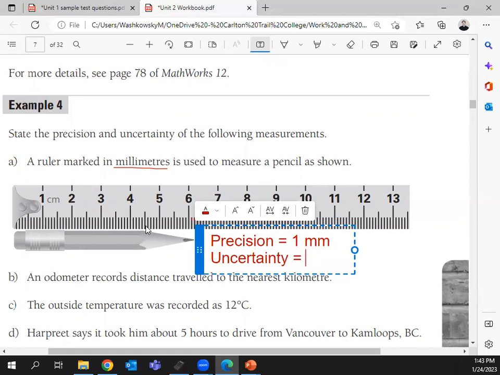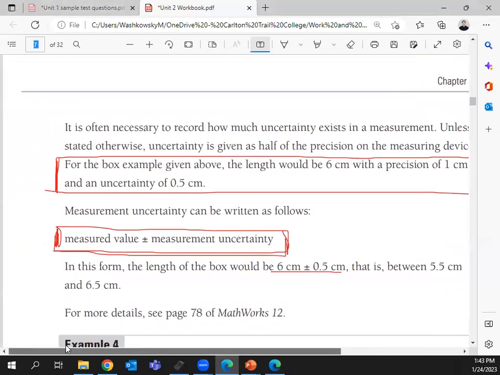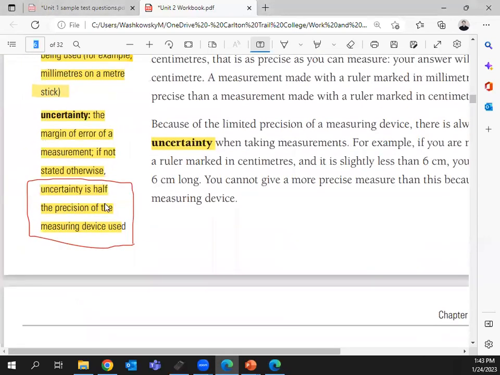Sorry? So you think it's not quite 6.5. So remember, what's uncertainty mean? Uncertainty means it's on your past page. The margin of error of a measurement. Yeah, so uncertainty is the margin of error of the measurement.